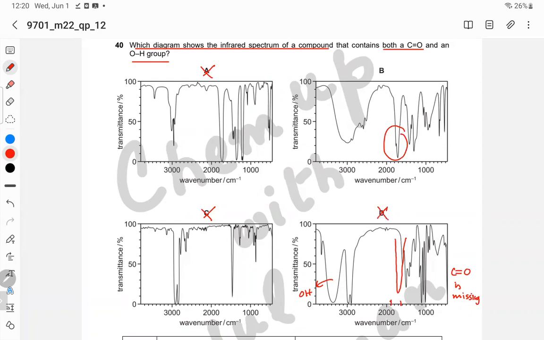So I will mark D wrong as well. So my correct answer will be B, because this peak represents a C double bond O and this peak represents an OH. Yes Halima, very good. Yes Hassan, very good. Munir, good. Ibrahim, good. So is it understandable to everyone?